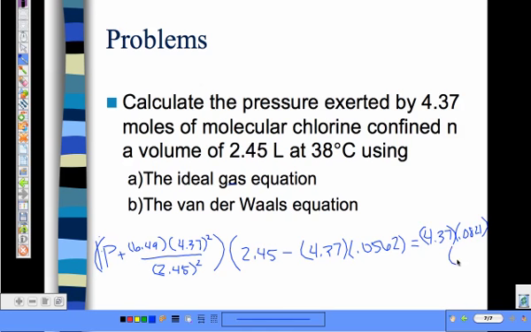It's 38. 311? Yep. Okay, so PVnRT. So you should get the same thing on both equations, right? No, the van der Waals should be lower.